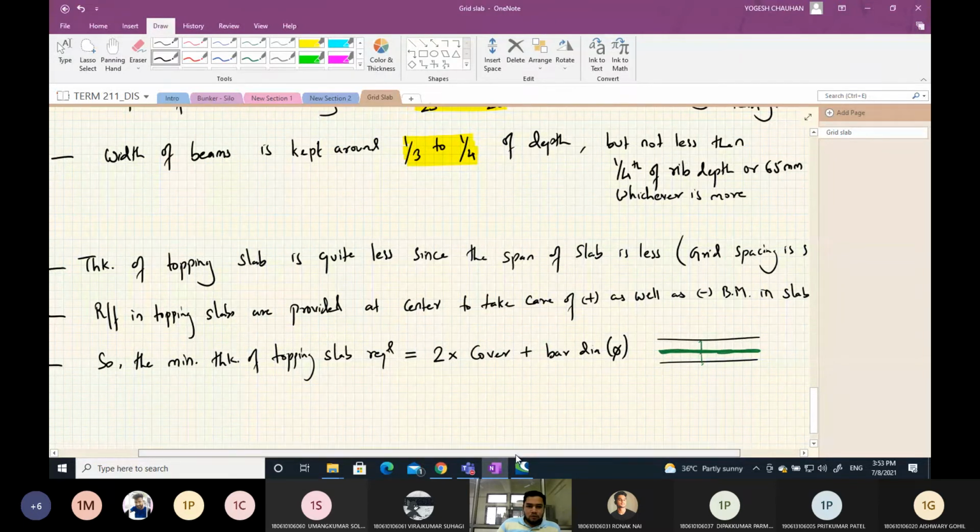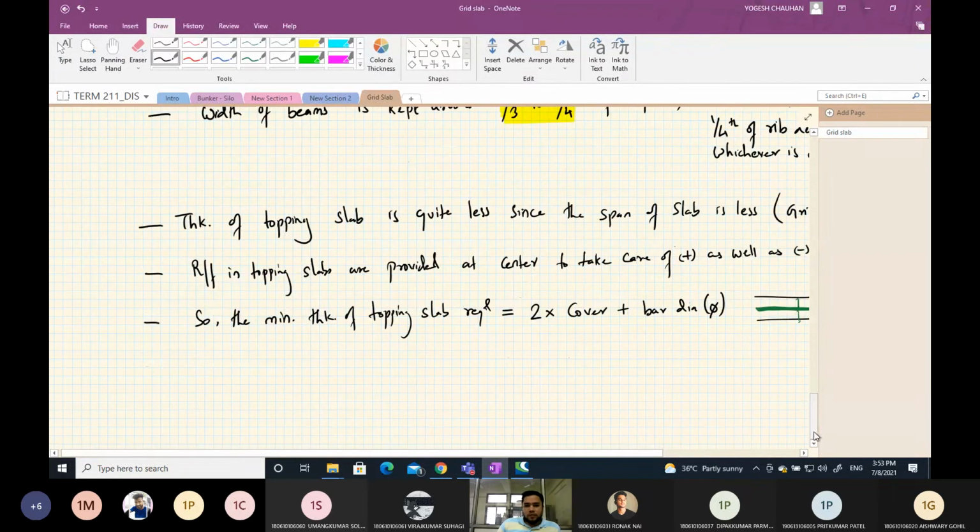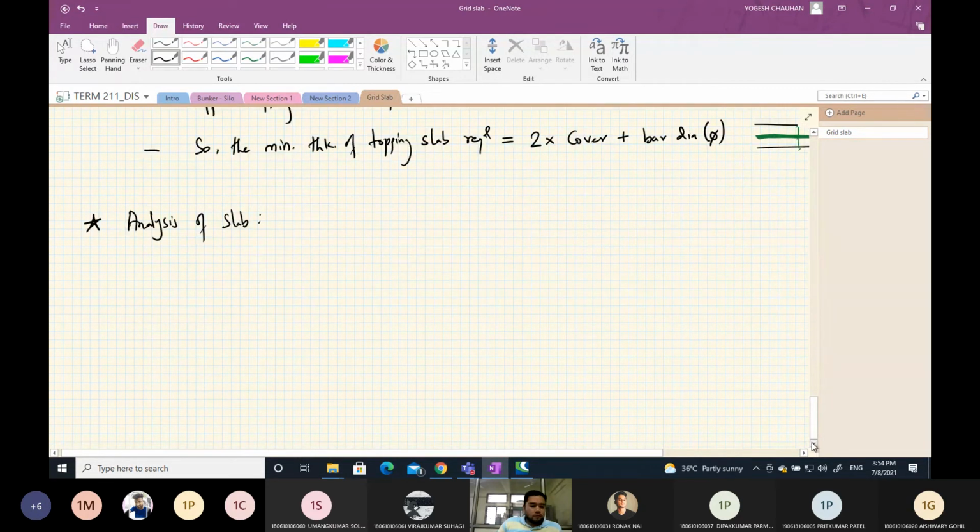So next is how to analyze such slabs. So next is analysis of slab. There are various methods.